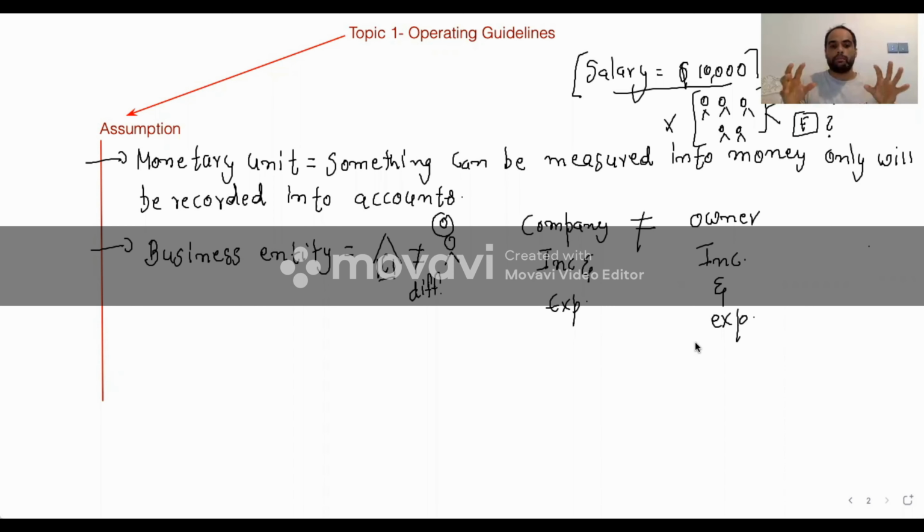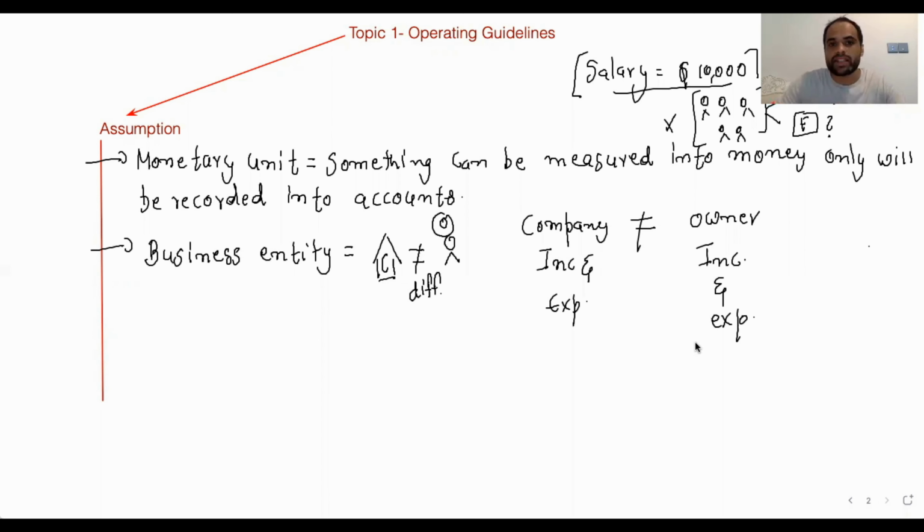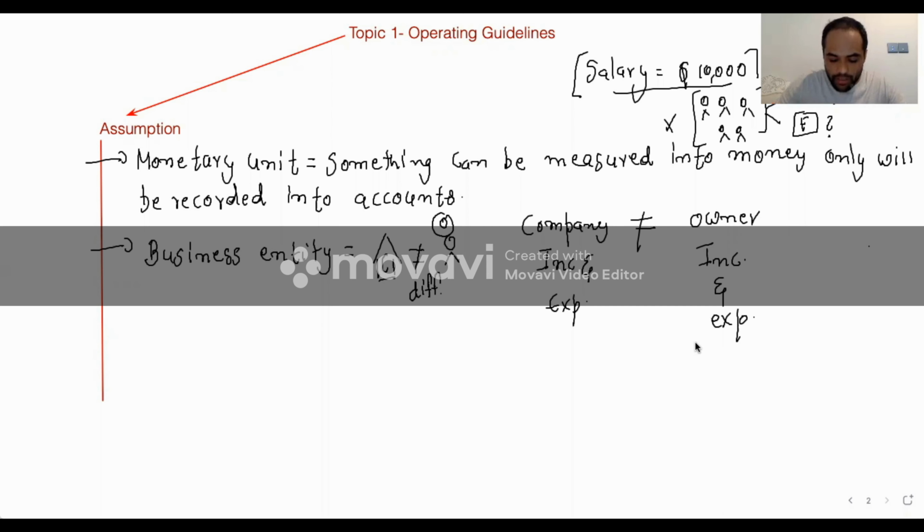That's why business and the owner of the business are separate according to company. All right, according to company, not according to sole trading business. Sole trading business is a different type of business that you study in another subject. But according to financial accounting, in a company, the owner and the company are different.